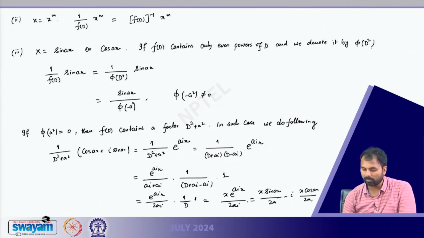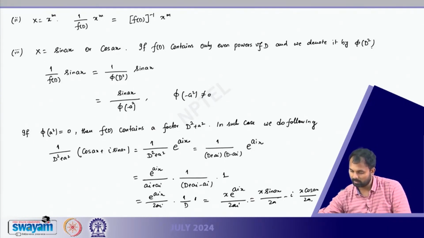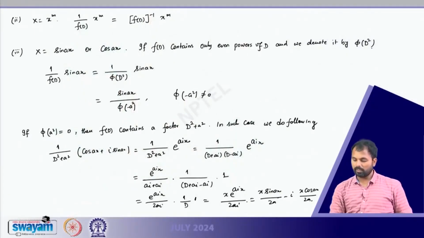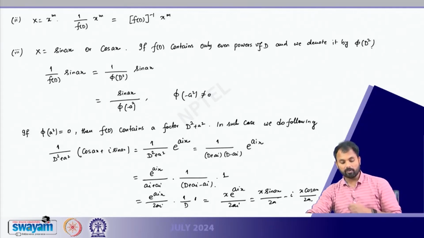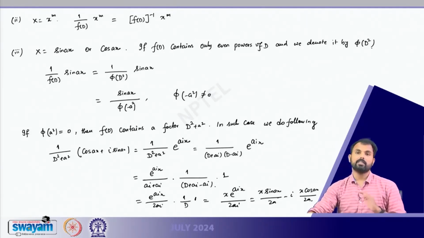We can compare the real and imaginary parts, and that is the required particular integral for cos ax and sin ax.